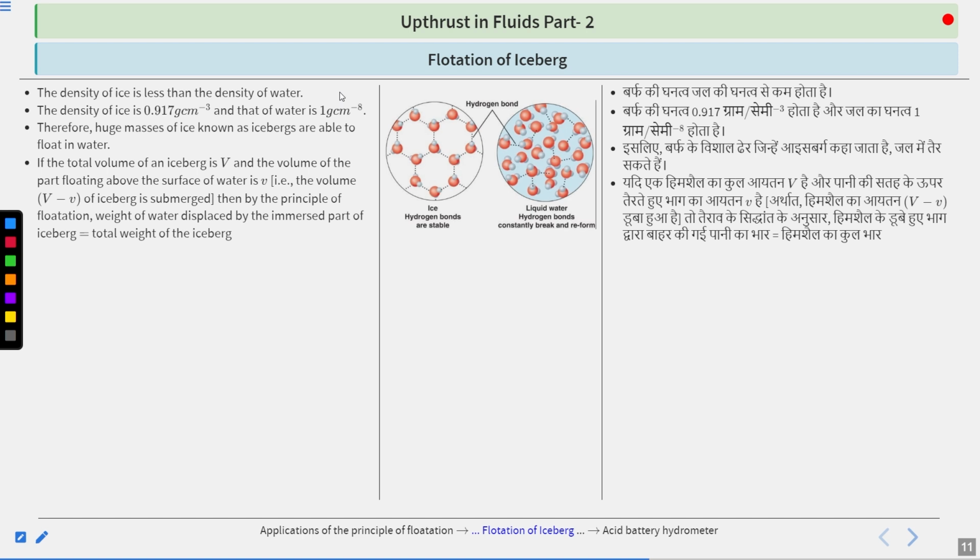If the total volume of an iceberg is V and the volume of the part floating above the surface of water is small v, then the volume of iceberg submerged will be capital V minus small v.